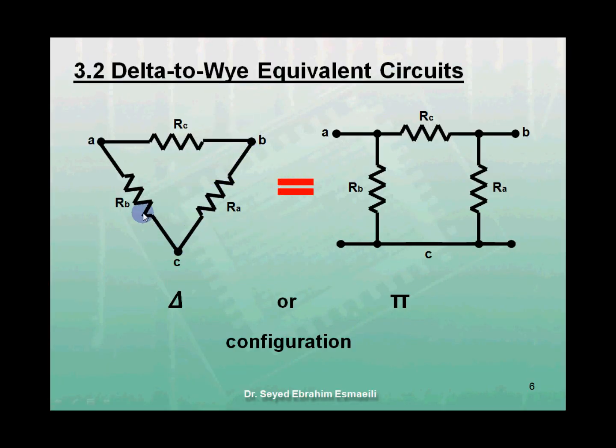Resistors RA, RB, and RC in the circuit shown are referred to as a delta interconnection because the interconnection looks like the Greek letter delta. It is also referred to as the pi interconnection because the delta can be shaped into a pi without disturbing the electrical equivalence of the two configurations.